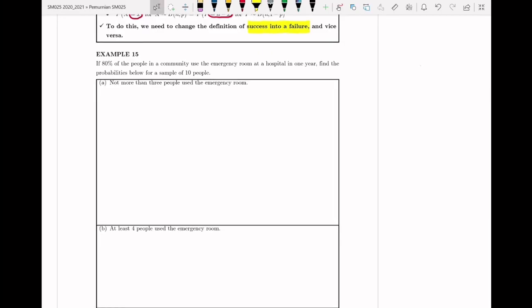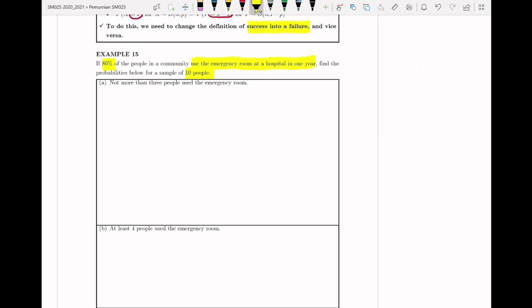Okay, so let's look at example 15. If 80% of the people in a community use the emergency room at a hospital in 1 year, find the probability below for a sample of 10 people. Not more than 3 people use the emergency room.